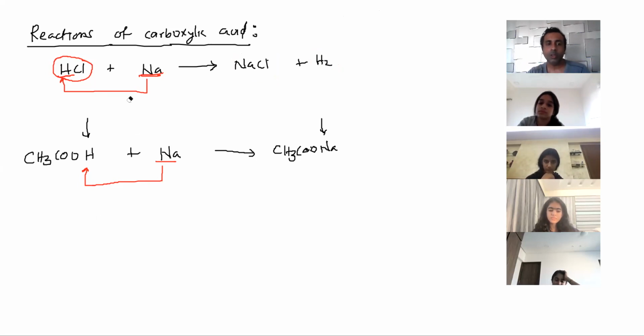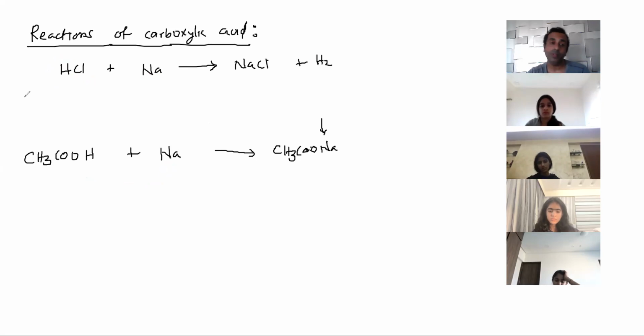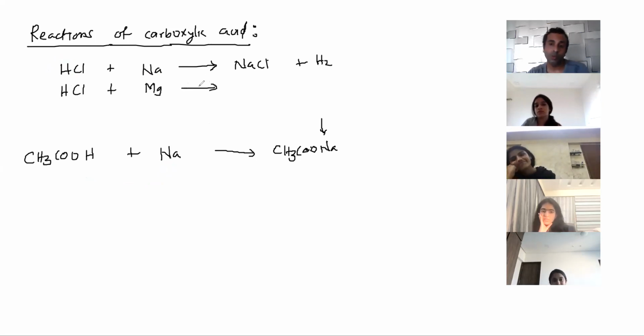So this was just to show how the reaction takes place. We just understood that the metal is going to take the place of hydrogen. We'll take another example with the same HCl, but this time let's take magnesium, which is from group 2.